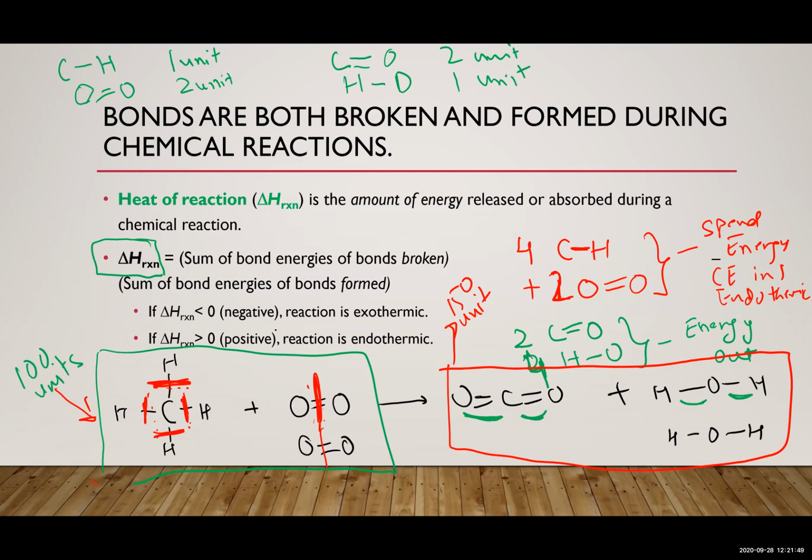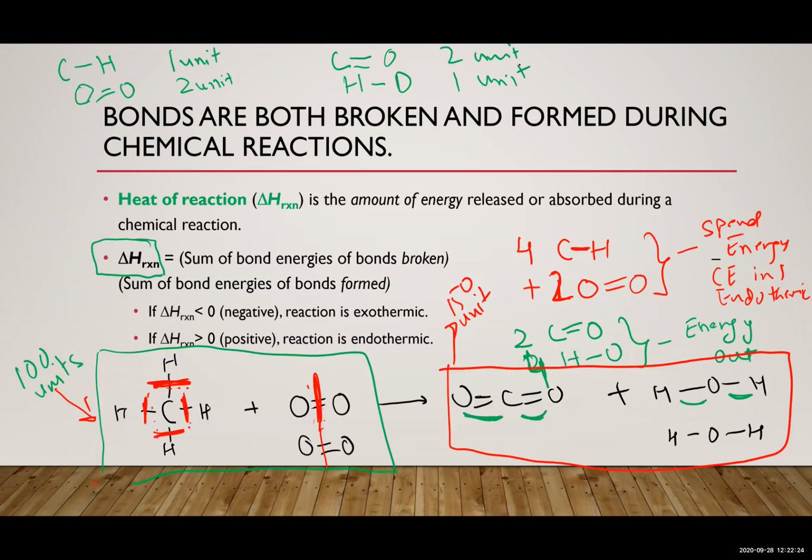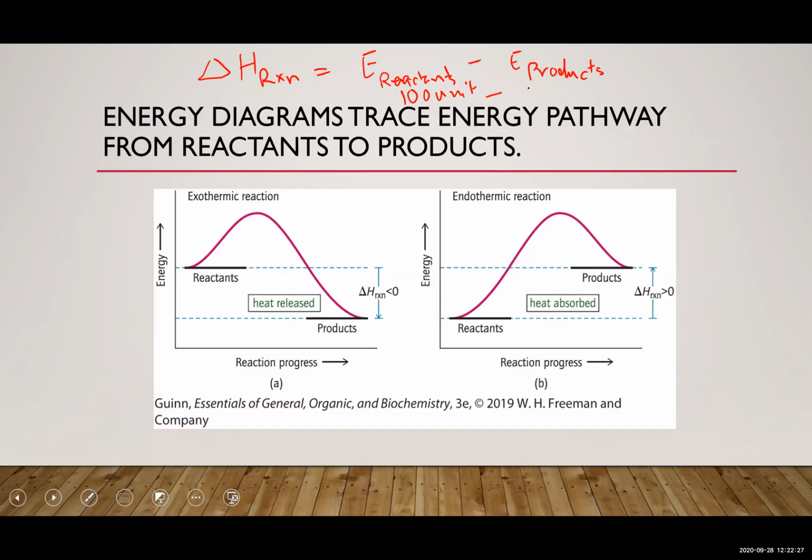So we call it change in heat, delta H reaction. This equals the energy of reactants minus the energy of products. In the previous case, energy to break the reactants was 100, minus the energy which was created, 150, right?